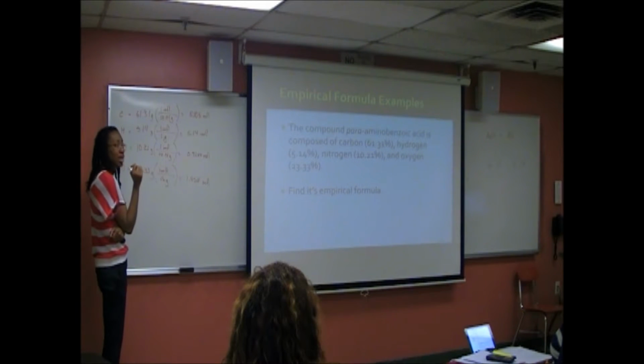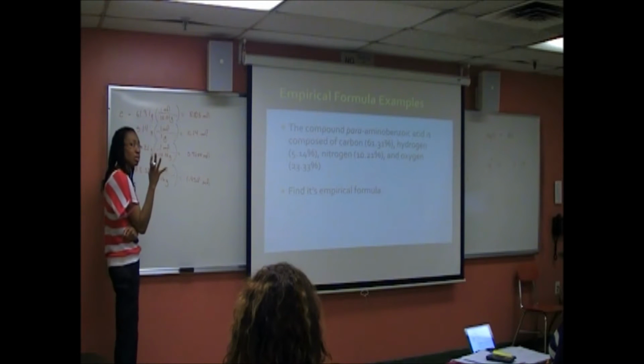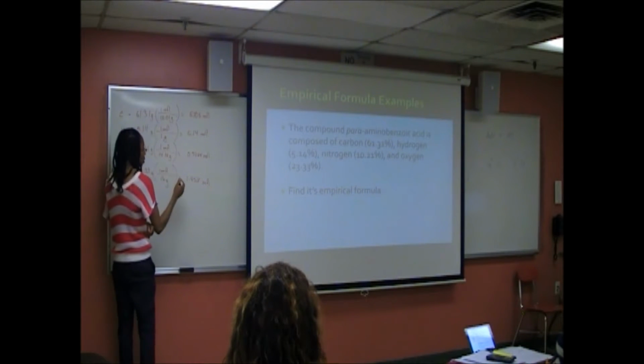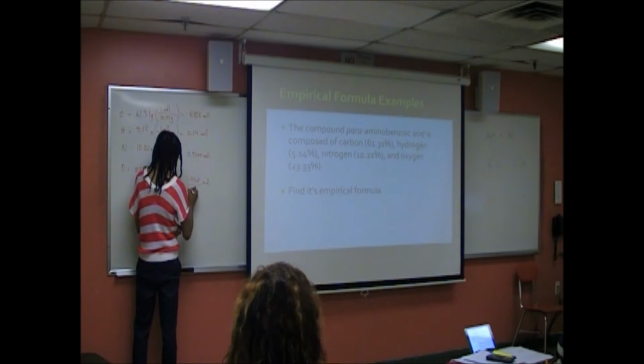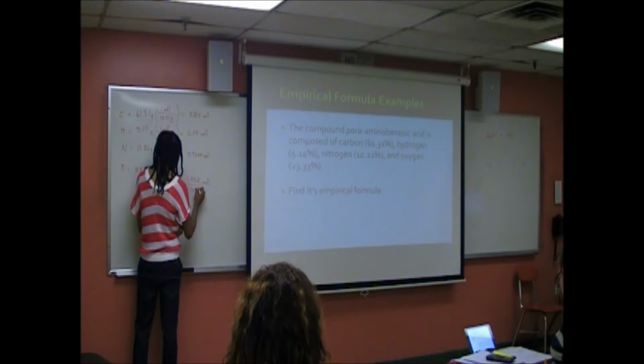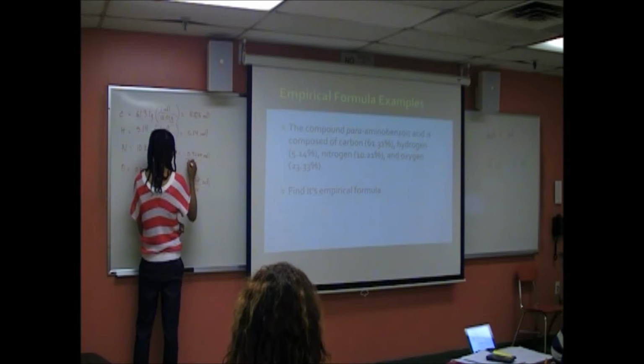Right? What's next? Divide by the lowest mole. Which is my lowest mole? 0.7288. So we divide everything by that, the lowest mole, not the last one, but the lowest mole.